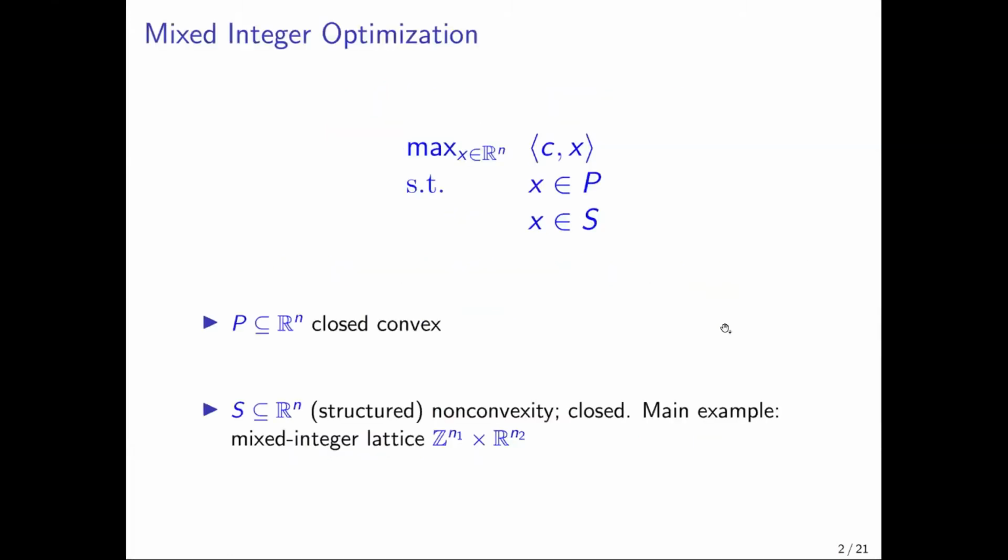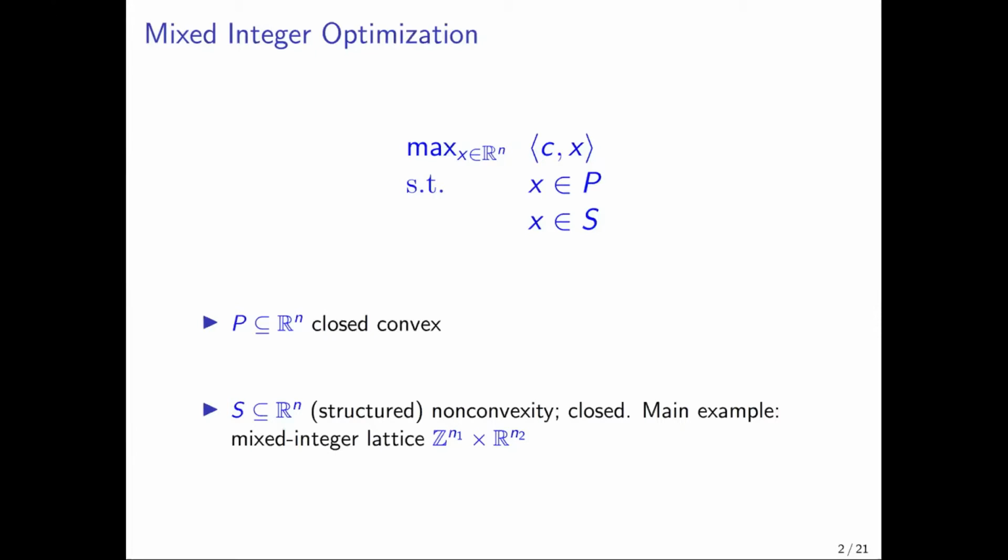So let me go to the setup directly. I'm going to talk about these kinds of optimization problems, the canonical example being mixed integer optimization. I have two kinds of constraints. P denotes the convex constraints, so it could be a polyhedron, it could be a closed convex set.